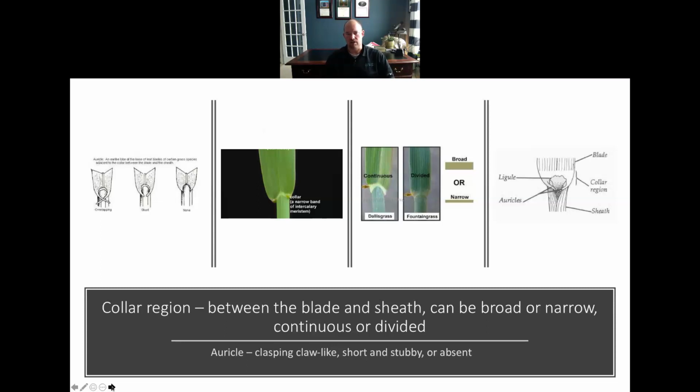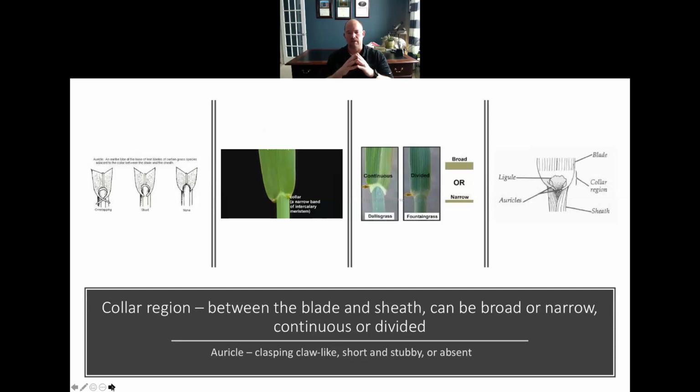The collar region between the blade and sheath can be broad or very narrow. It could be a continuous collar, or it could be somewhat divided. When you look at the coloration on the collar region, sometimes it's divided, or you can see that band extends completely across the blade.